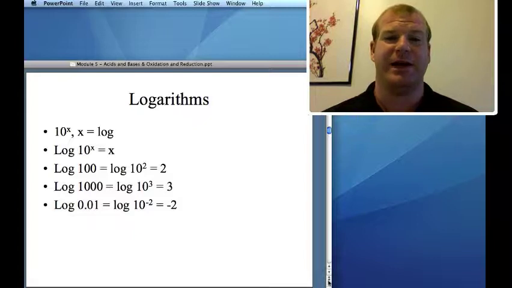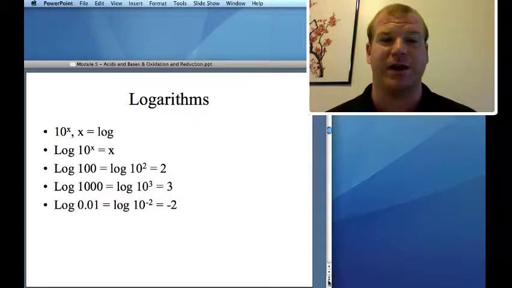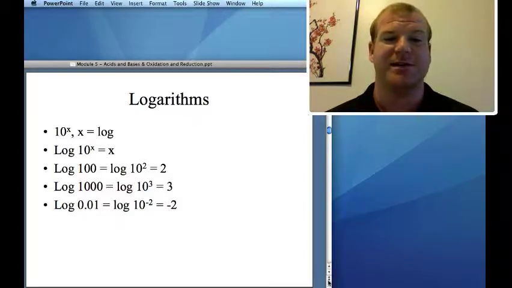Now I'm going to talk about pH next, but I want to do a review of logarithms. So 10 to some power, that power, that x, is the log. So a log is the inverse of a power. So the log of 10 to the x equals x. So remember, 10 squared means 10 times 10 or 100.